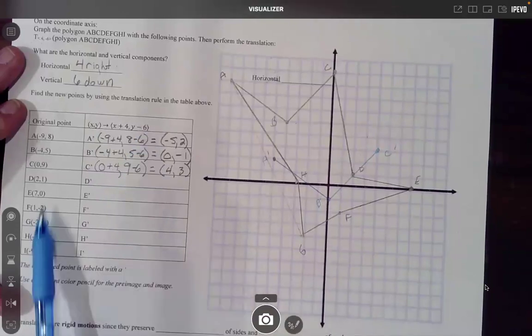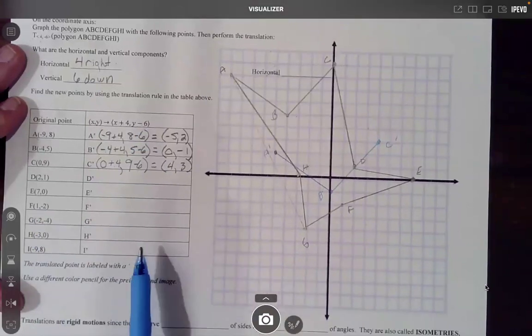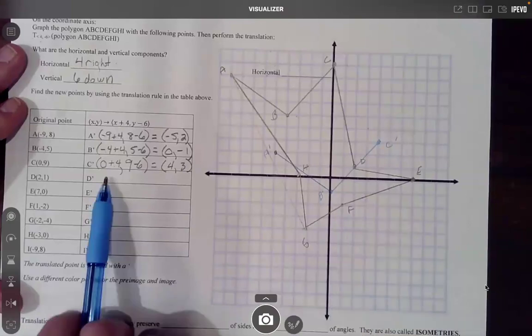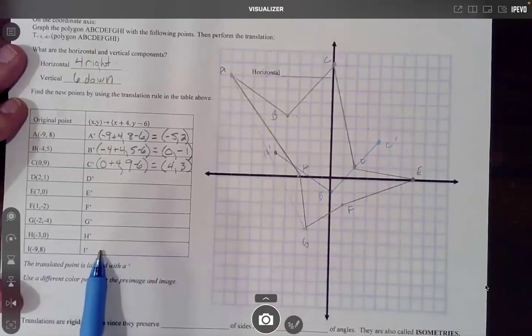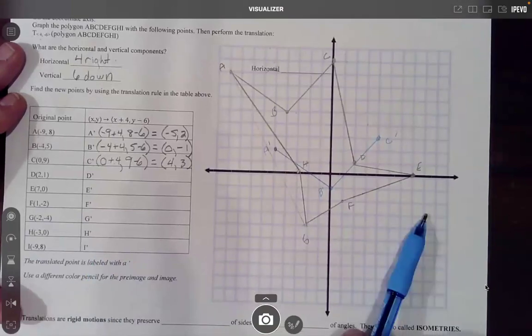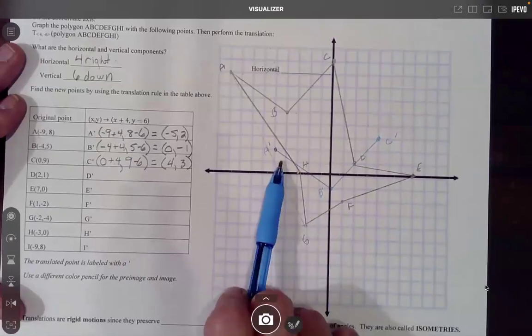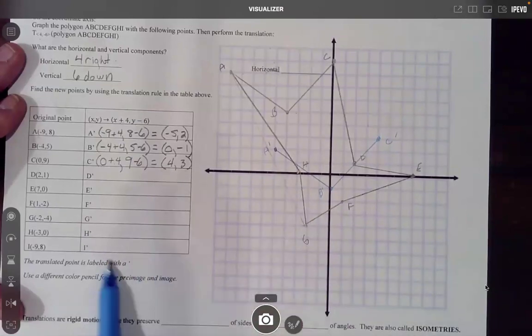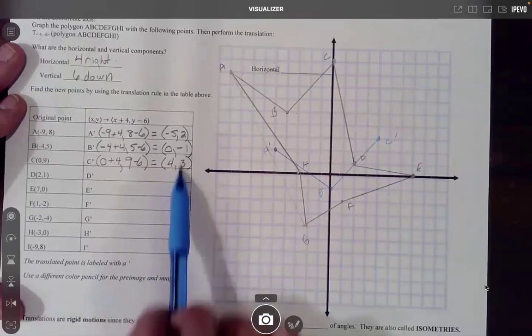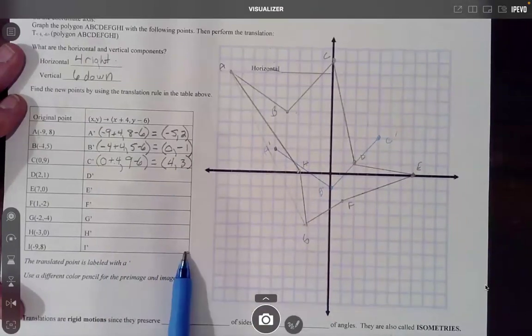So continue on in your transformation. I'm not going to show the rest of the answer. You have to do the other points, D through I. I want you both to find the coordinate and plot them and draw your image. I also want you to show me the calculations of how you found the ordered pair for each of the transformations.